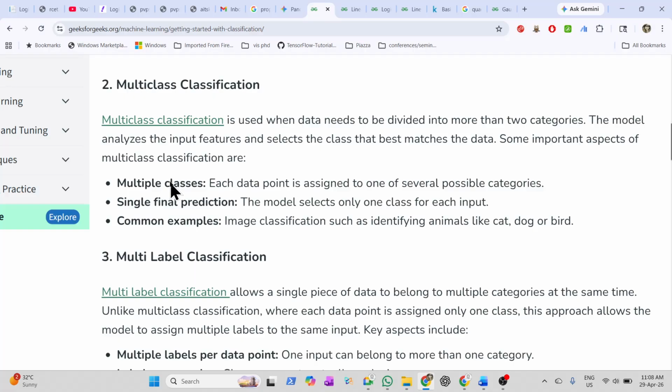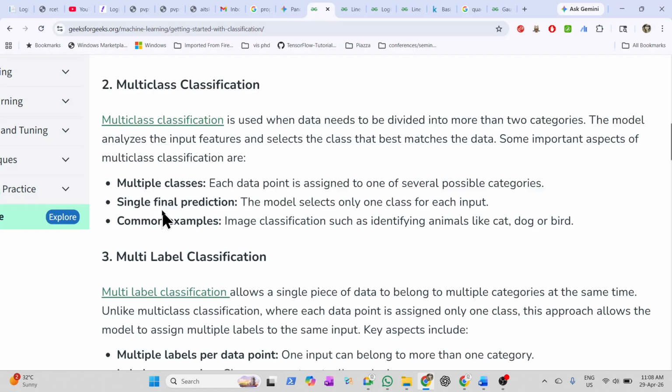Why are we calling it several? Because it can be 3, 4, 5 and so on. But the idea here is that so on means it is not infinite. It is still discrete. We have a fixed number of classes. We cannot have an infinite number of classes.